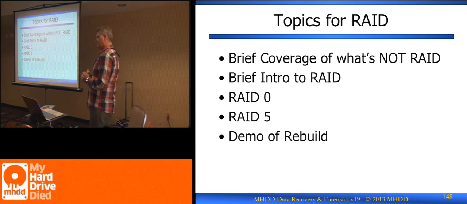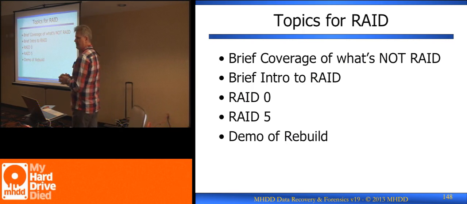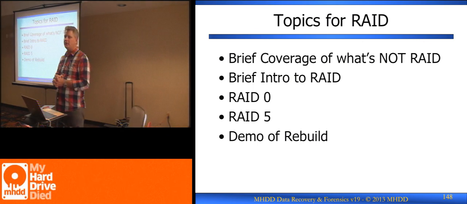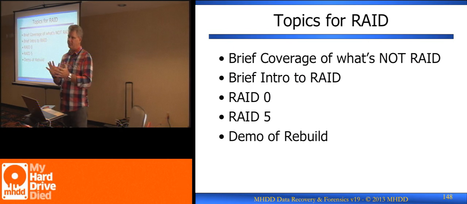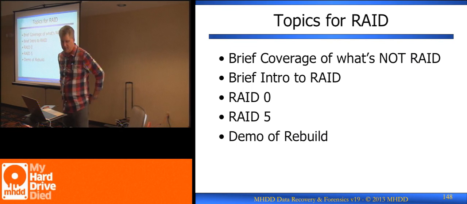But the majority of them, a good 90% of the RAID arrays out there, are going to be simple, straightforward RAID 0 and RAID 5 arrays. That's built into so many things that by default, almost always I can try something and get an answer in a few minutes. And then you can recognize whether it's Linux or an LVM or something else. There are cheap and easy tools to do LVMs.